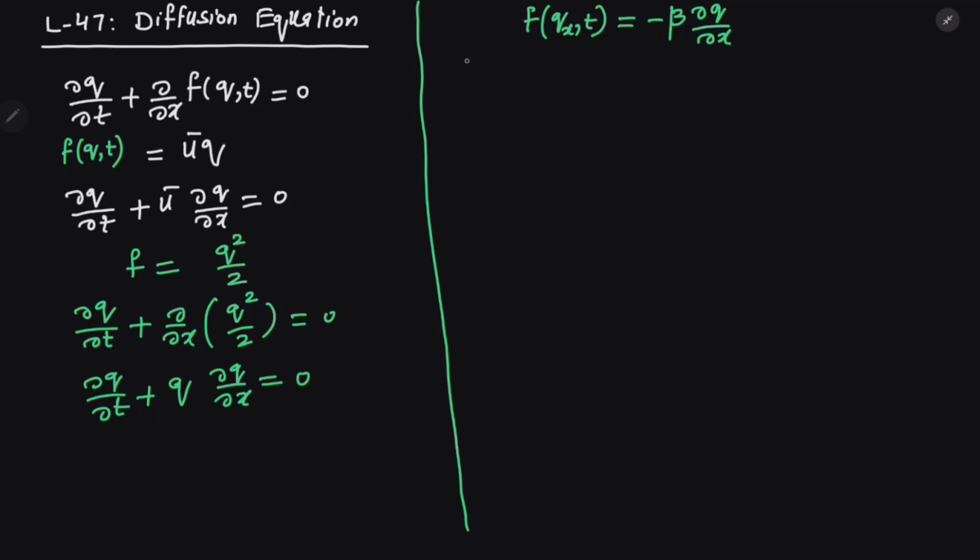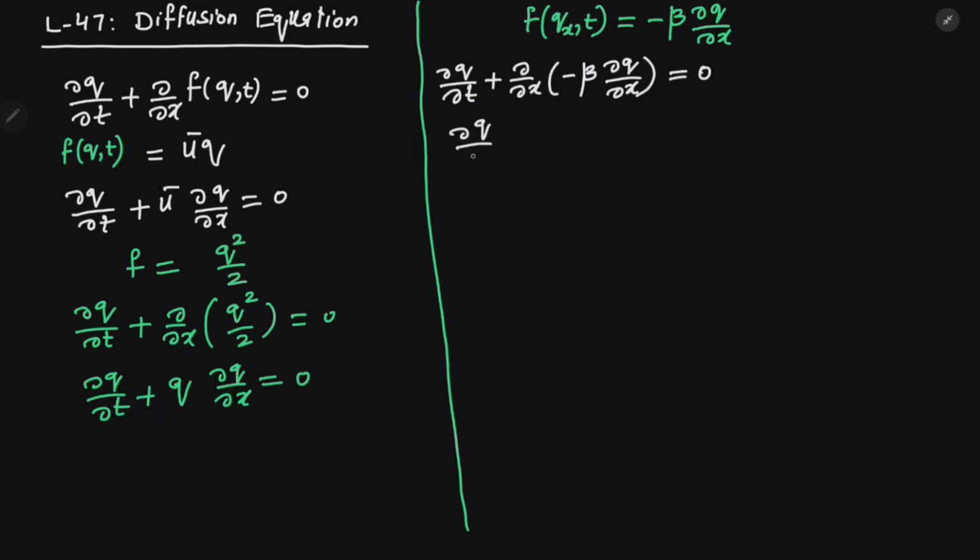So we can put this value over here, and we get partial q by partial t plus partial by partial x of minus beta partial q by partial x is equal to 0.